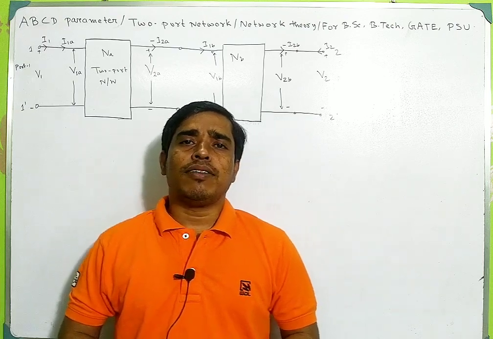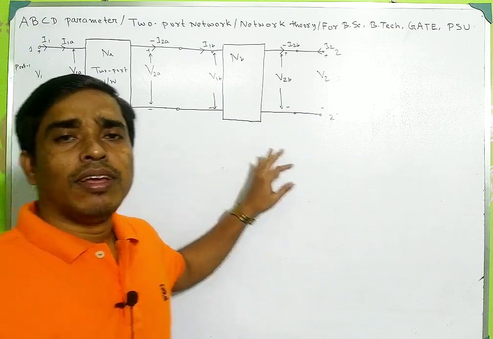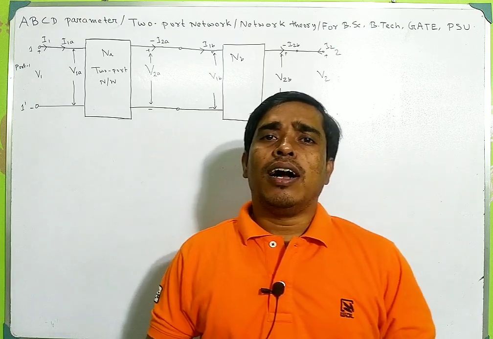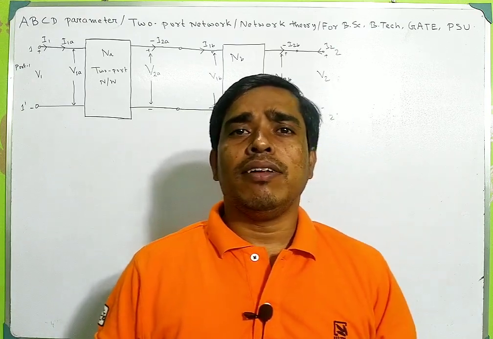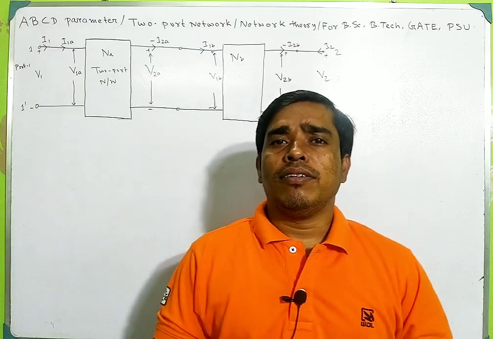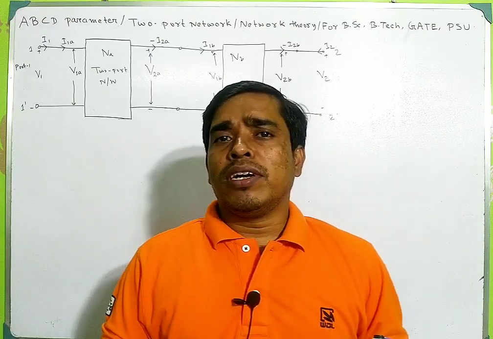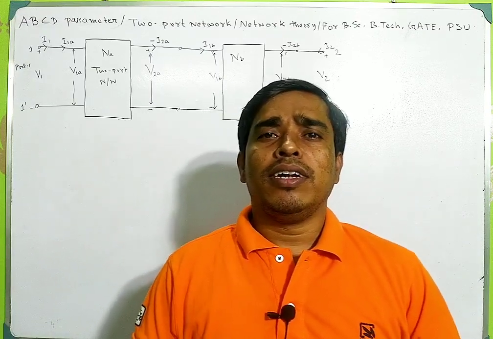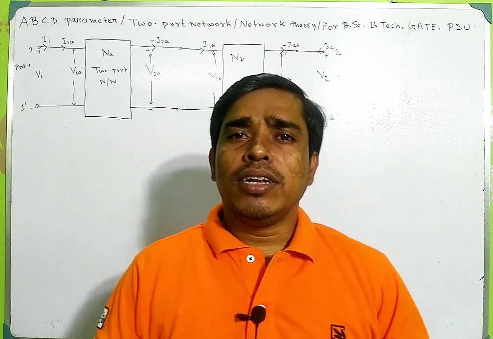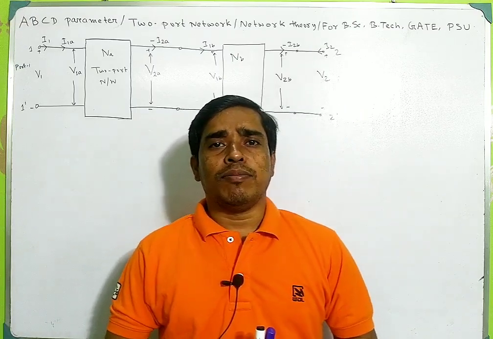Today we will discuss the ABCD parameter in cascade network. ABCD parameters, or transmission parameters, are mostly used in cascaded networks or in transmission line systems. This parameter is used in the design of radar systems, telephonic systems and optical instrument systems.